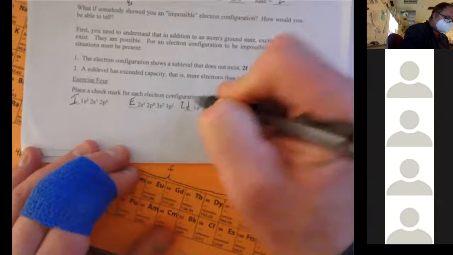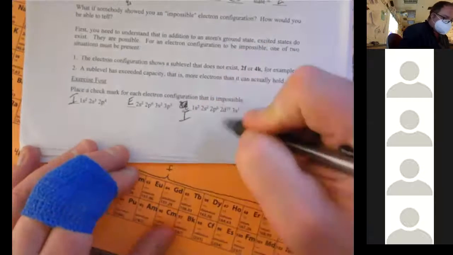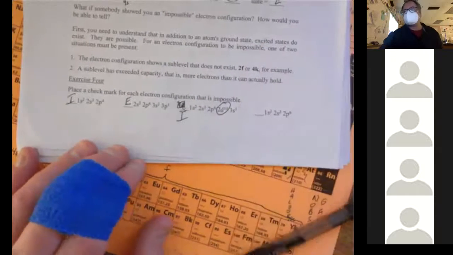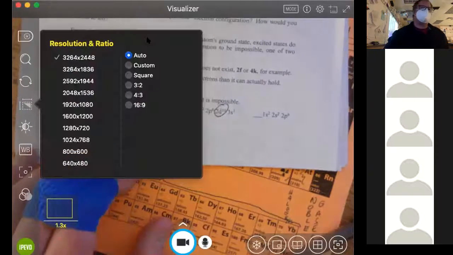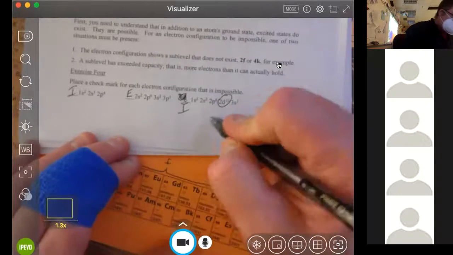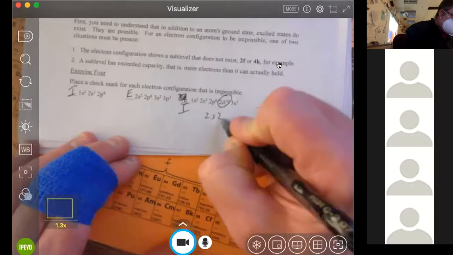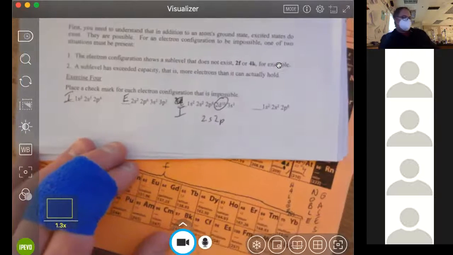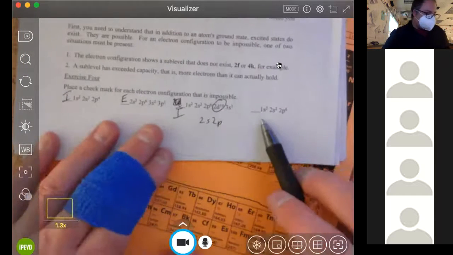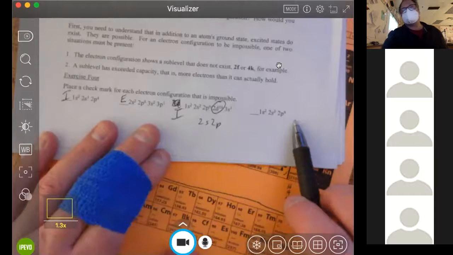This 2d10 is incorrect. The second principal energy level only has two sublevels. It has a 2s and a 2p. There is no 2d.